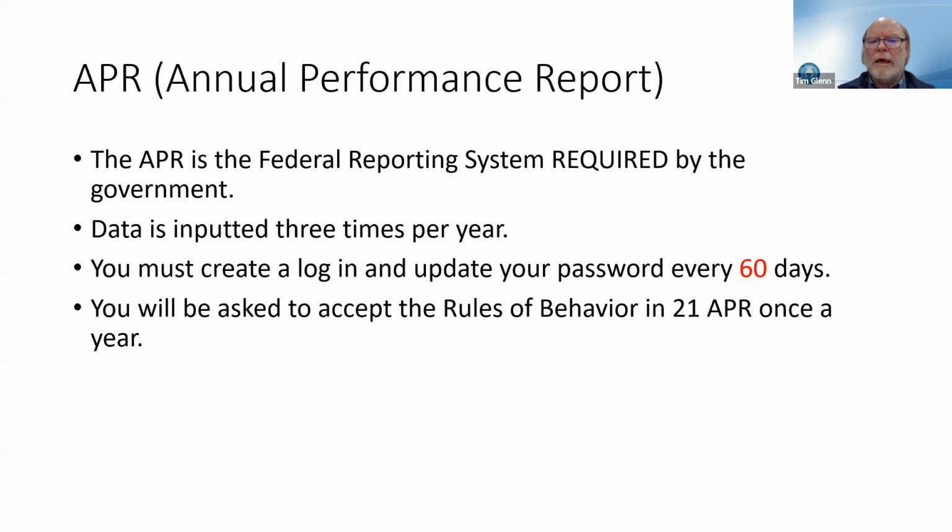They also have a rules of behavior screen, and they ask you to accept the rules of behavior once every year. So you'll just read through that, and if you have any questions, you can contact Crystal or Vic or I, and we can help you through them. But it's really just their rules for being able to enter data in 21 APR.